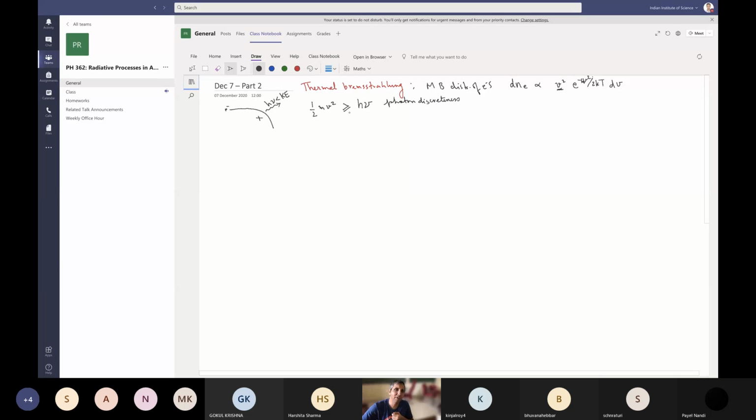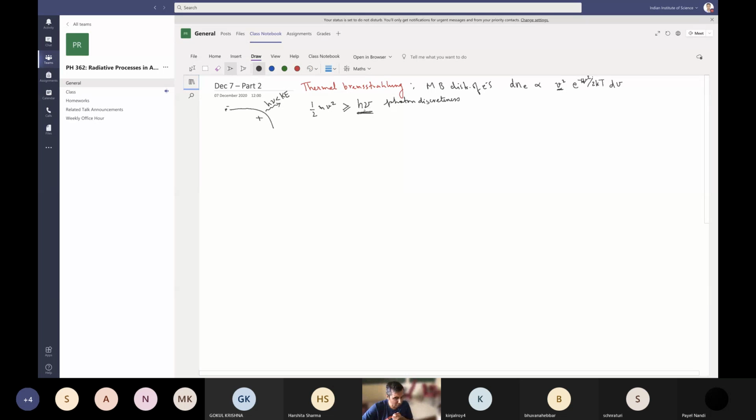That is, you cannot have many photons with very high frequency, because your kinetic energy of electrons will become lower than the h nu of a single photon, and this is the energy quantum for a photon of a given frequency nu.